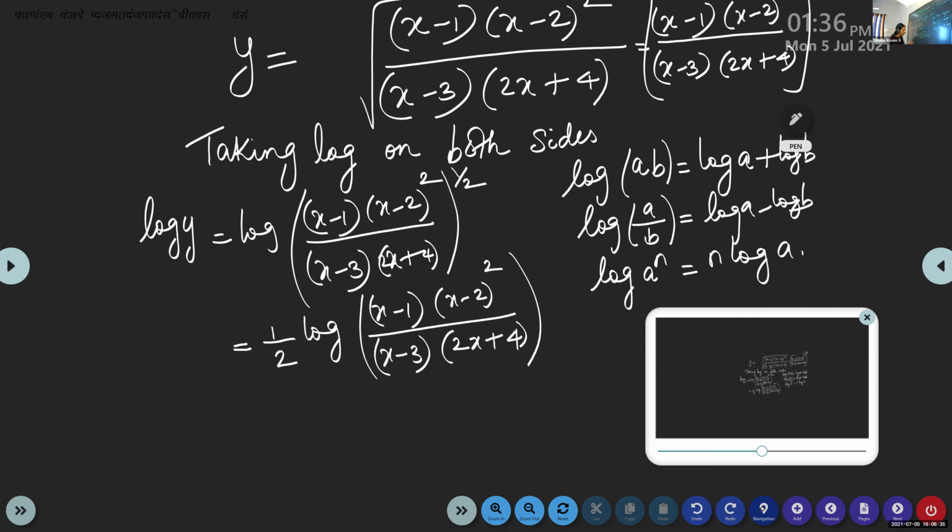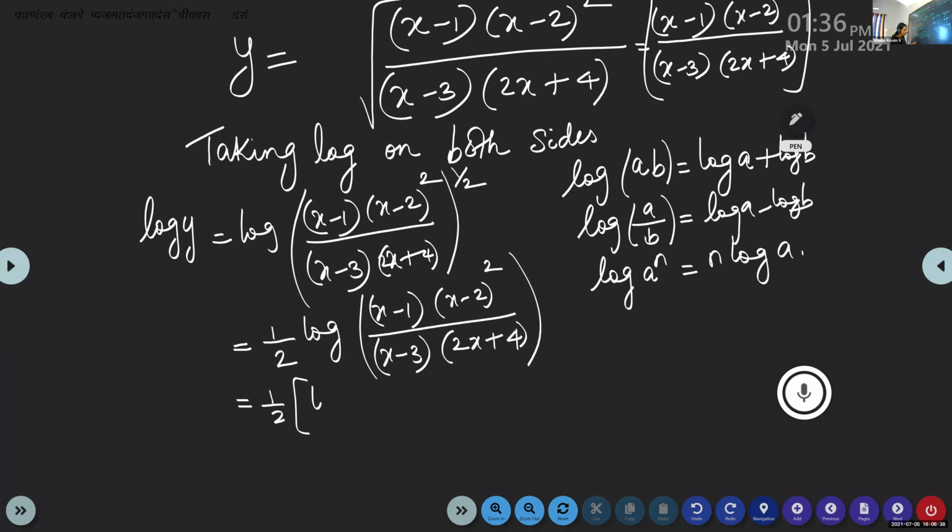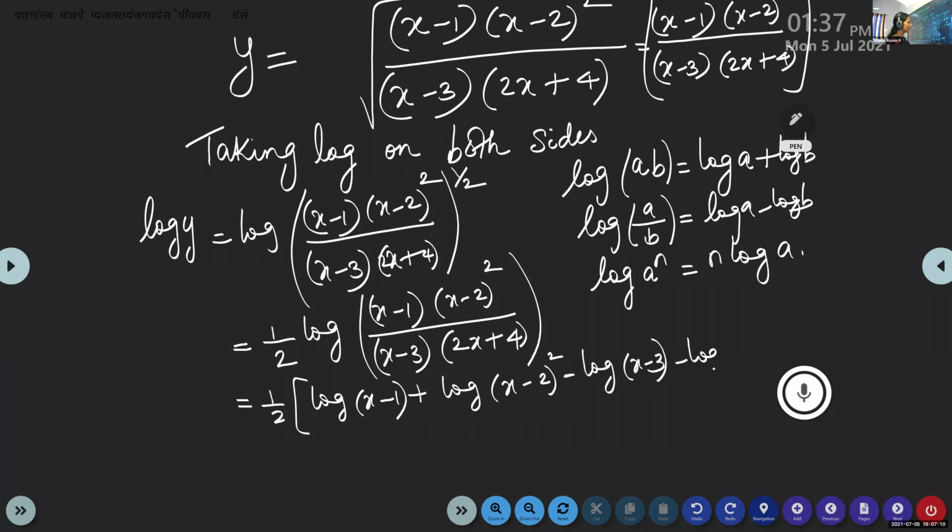So when we split this, we can write this as half [log of (x minus 1) plus log of (x minus 2) the whole square. Why? What is log of ab? Log a plus log b. But for the denominator, we can write minus log of (x minus 3) minus log of (2x plus 4)].